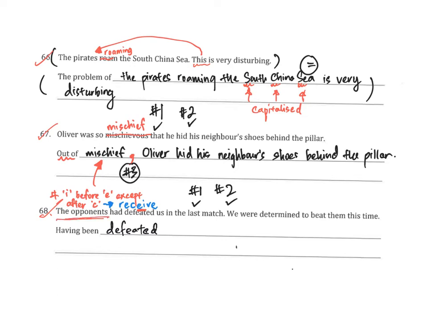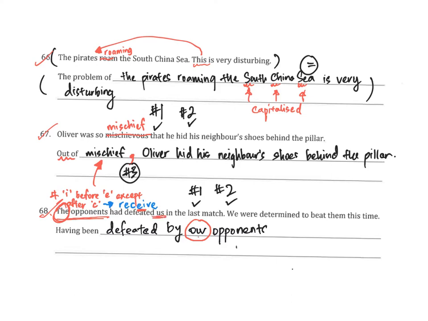So having been defeated by our opponents, notice I've changed from the into our. Why? Because they defeated us, so they are our opponents.